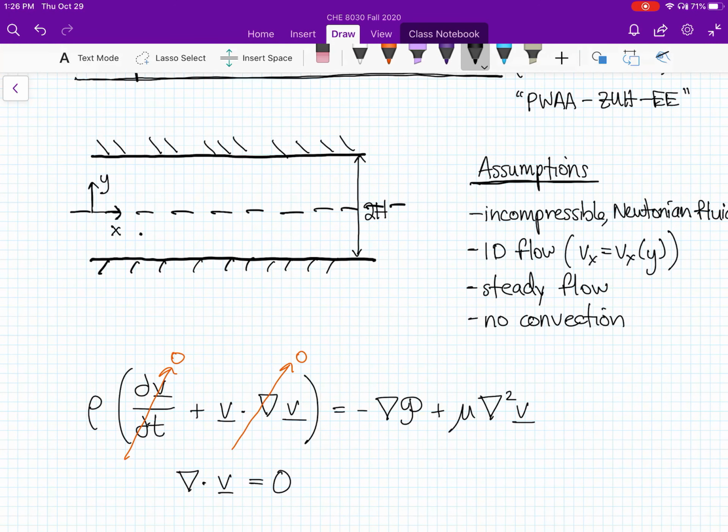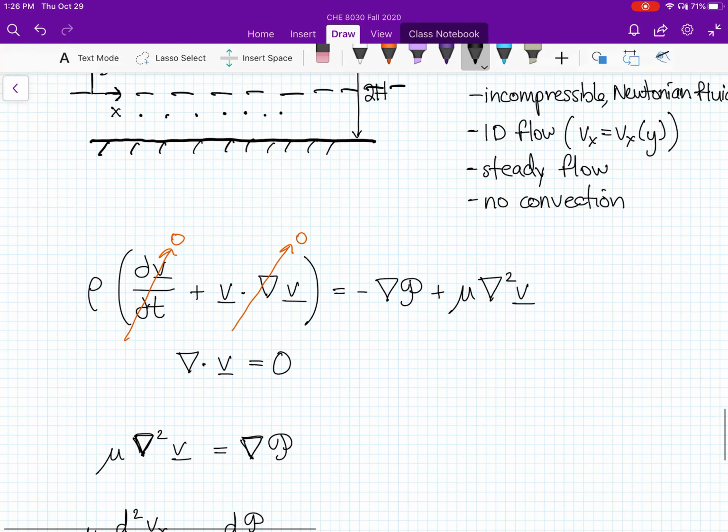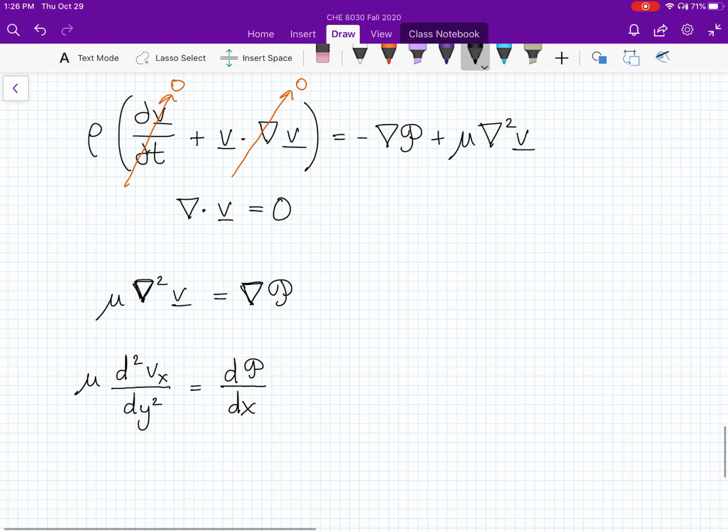As I move down in the x direction, I have some change in pressure. Remember, fluids flow from high pressure to low pressure. This is the governing equation for this particular scenario.